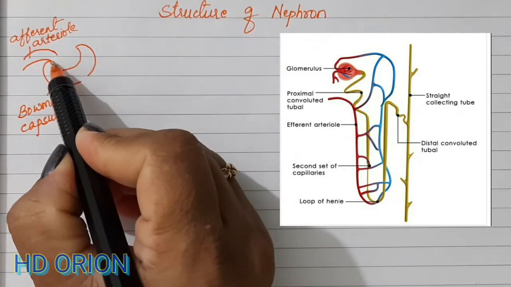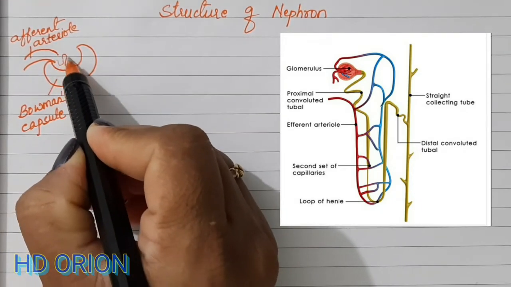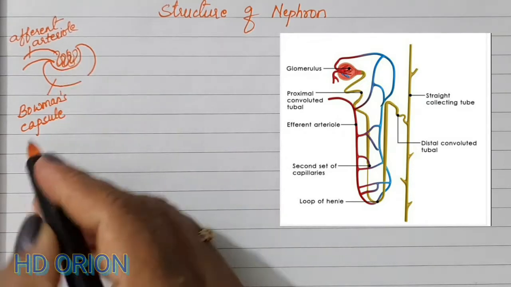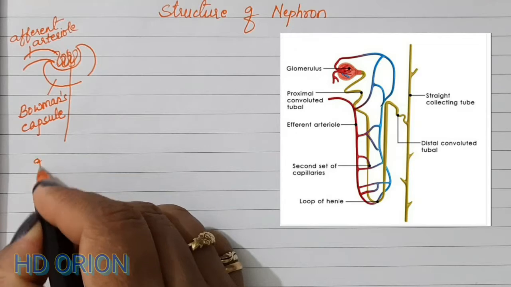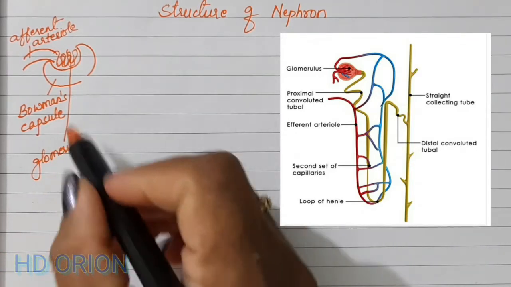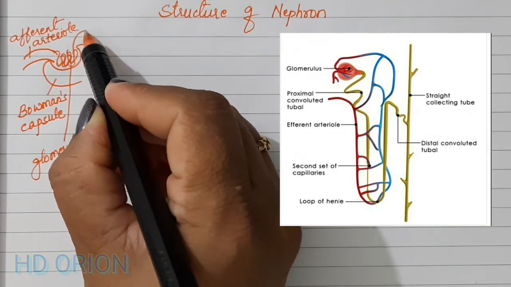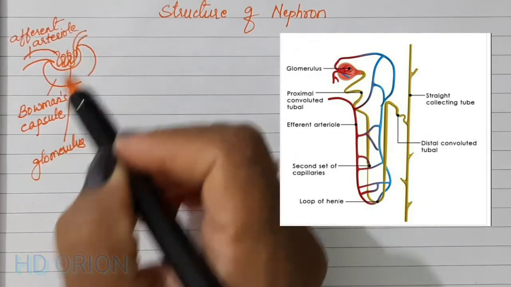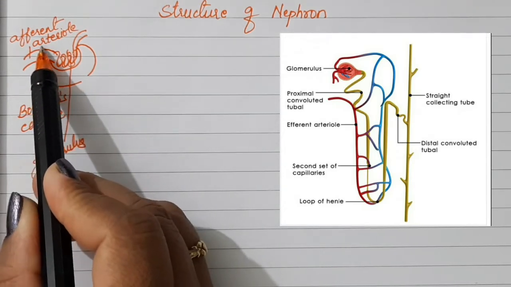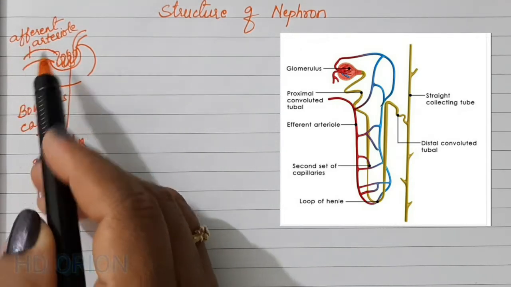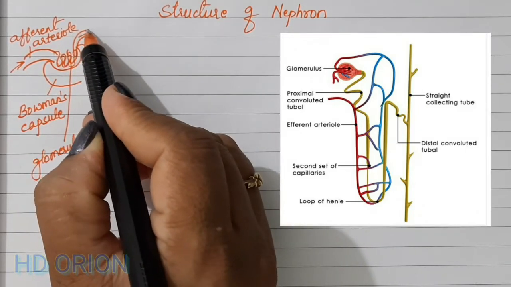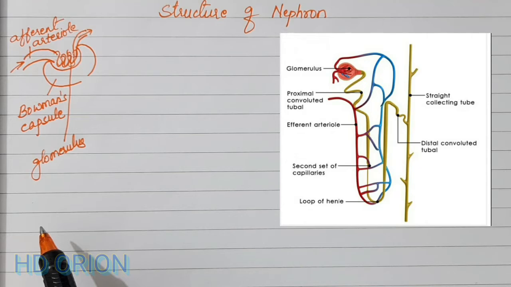Afferent arteriole, and this comes and branches inside to form a network of capillaries which we call as glomerulus, and then it further branches to form a efferent arteriole. Compare the diameter of both the arterioles. This I called as afferent because from here the blood is coming in, and from here the blood will be leaving the Bowman's capsule.